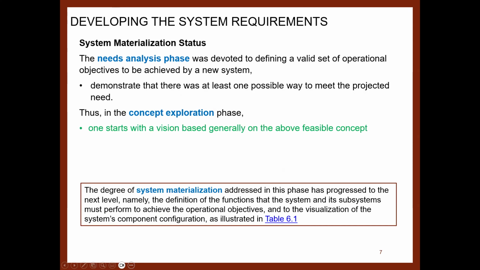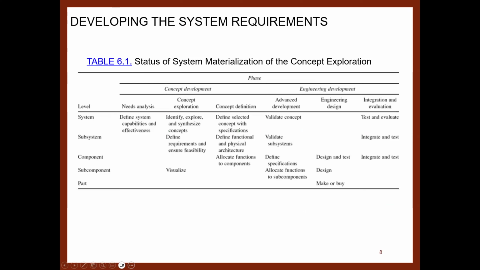So if you remember that materialization status table that I showed you at the beginning, we are now moving from this needs analysis phase to the concept exploration phase. Here's where we start with a vision based generally on the above feasible concept that is coming from this needs analysis. So we are moving now to this second part of the materialization of the concept.